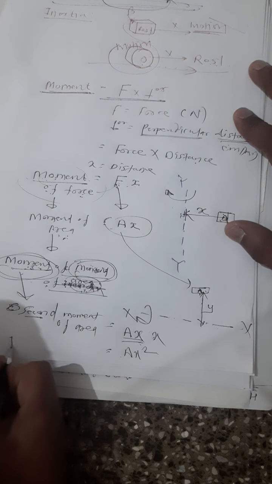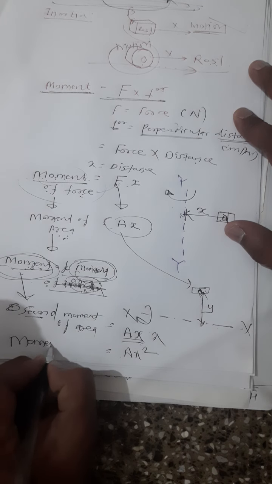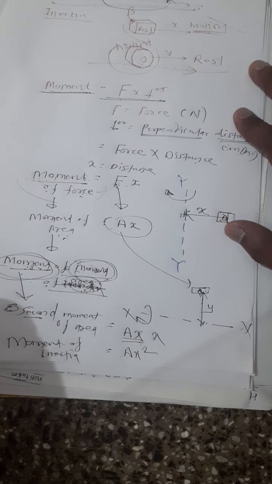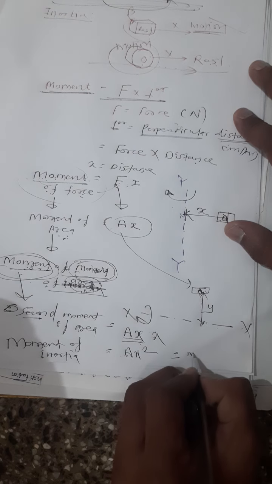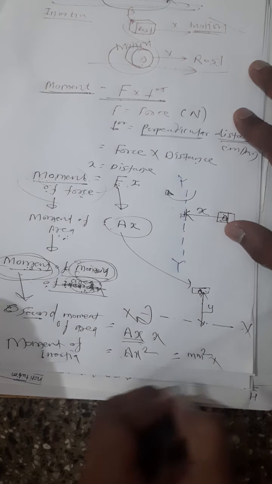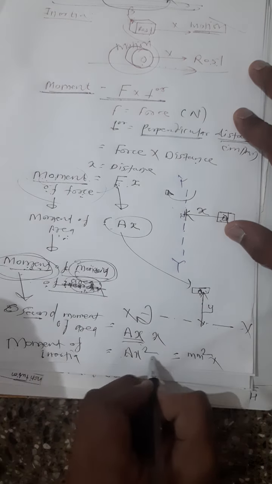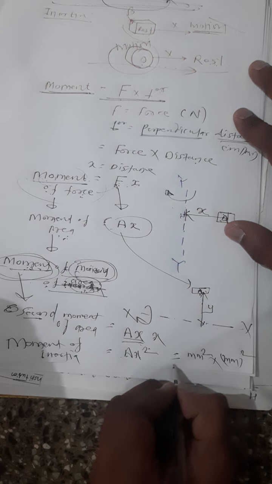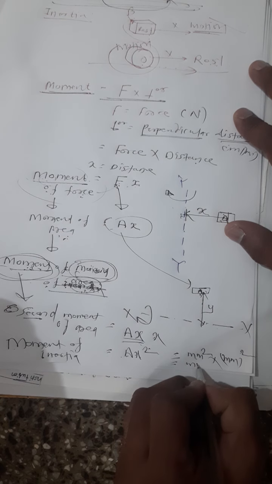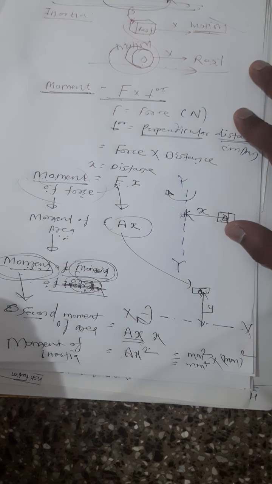So this is moment of inertia. The unit of A, area, is always measured in meter square or centimeter square. And x again is distance but with a square, so the unit is raised to 4.